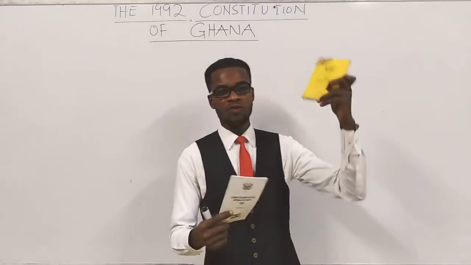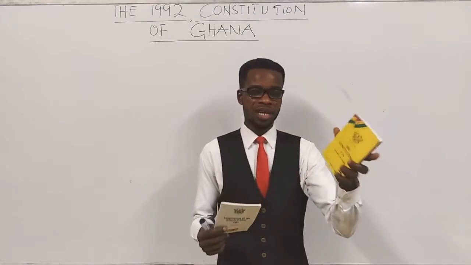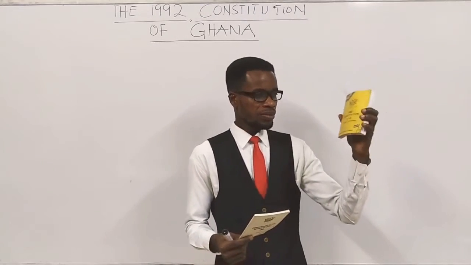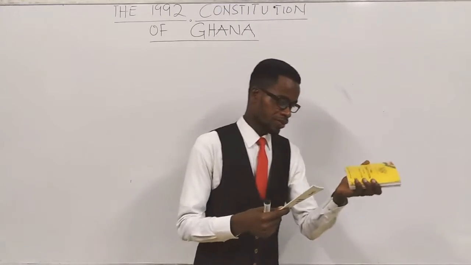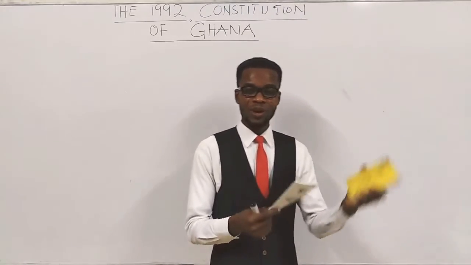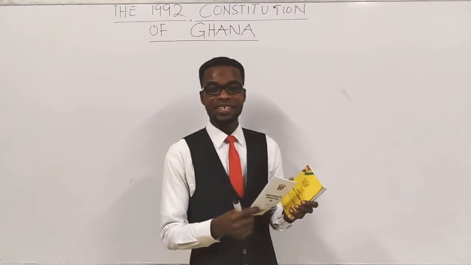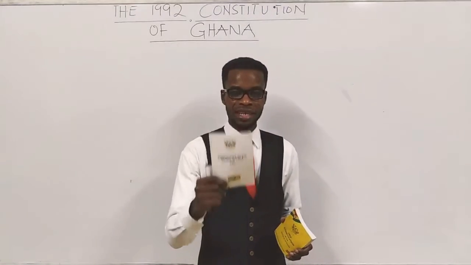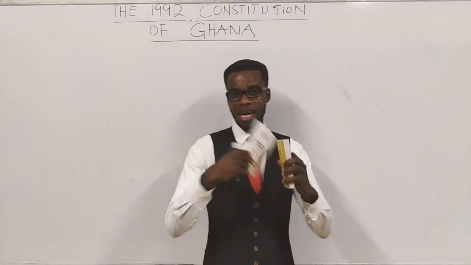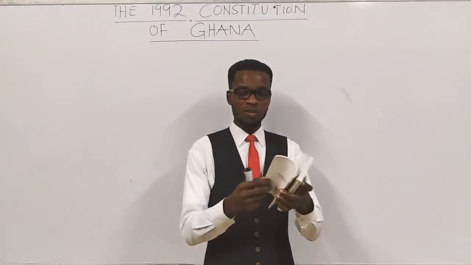In case you find this bigger version difficult, because some of the terms are related to the law, you can get the copy of the abridged version, which has almost everything.